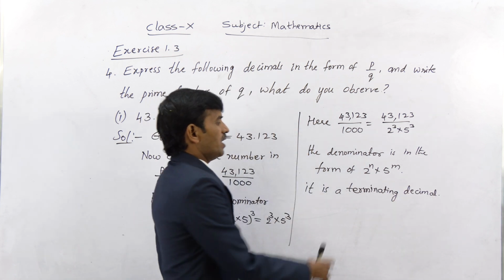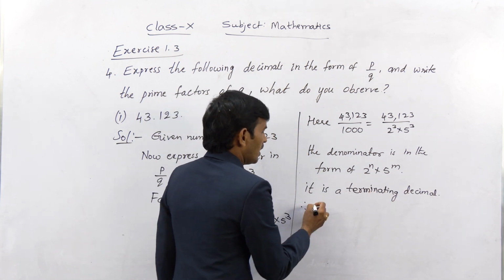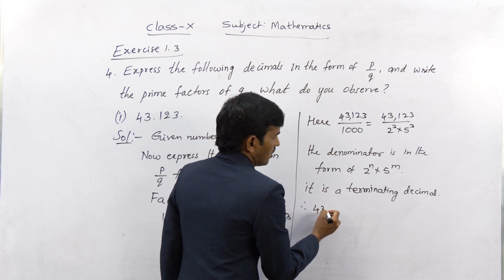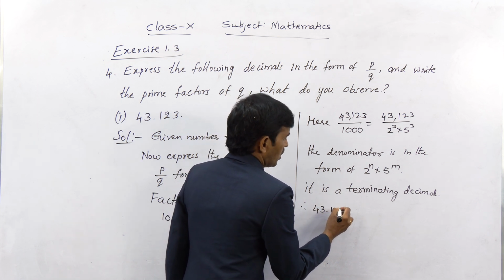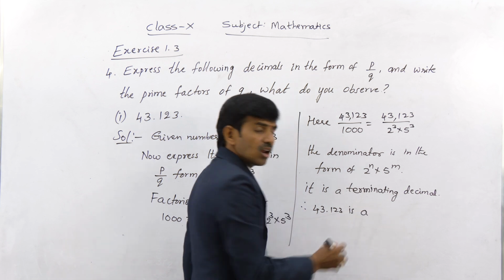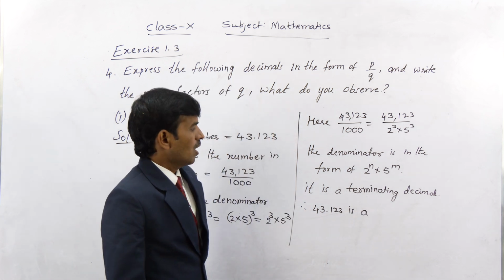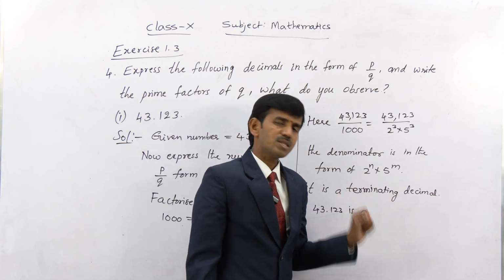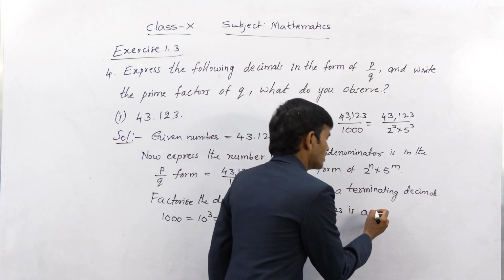When it is a terminating decimal, is 43.123 a rational or irrational number? All terminating decimals come under rational numbers.